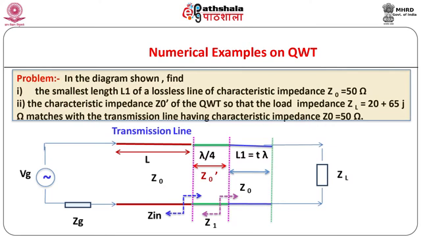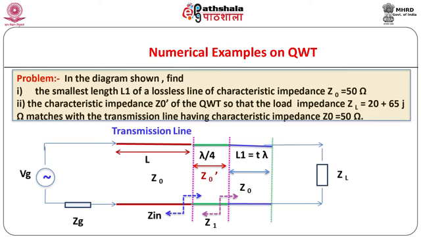Let us see one example so as to have better understanding of this technique. The problem is as shown. In the diagram, we have to find the smallest length L1 of a transmission line of characteristic impedance 50 ohm to be connected between QWT and the load.